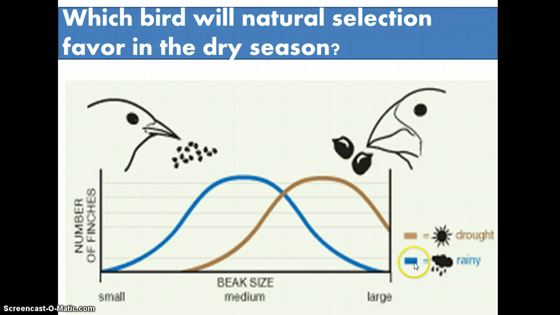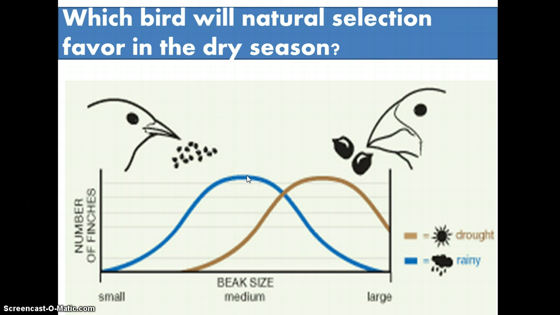You should look to see that the blue line means rainy. You have 3 different beak sizes, the number of finches or birds that are living at that time. It looks like the most number of birds are present in the rainy season that have a medium beak size. So that means that if you have a medium beak size, there are a lot of birds around during the rainy season with this particular trait. So that's a good trait to have in the rainy season.